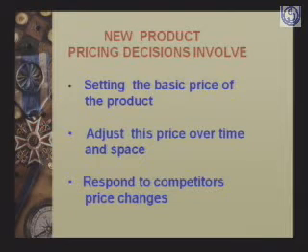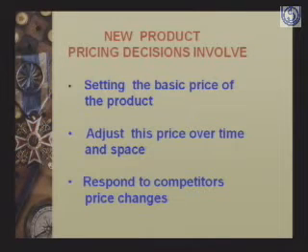Once you set the basic price, the next step is you have to decide whether you charge the same price throughout the country or you change the price in different locations. For instance, your factory is in Delhi: whether you charge the same price all over the country or you change it depending on the transportation costs and other costs which vary based on the distance.